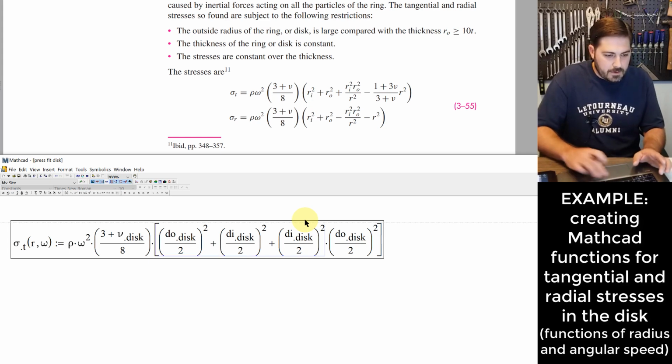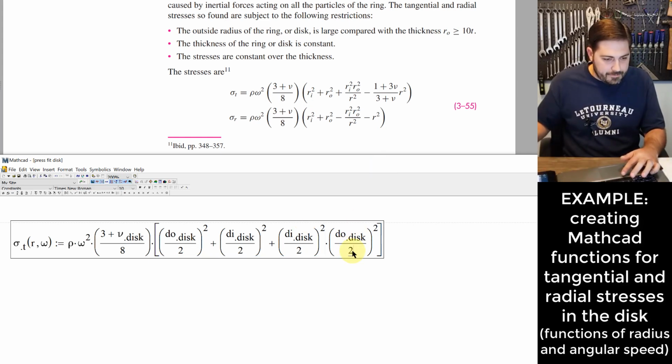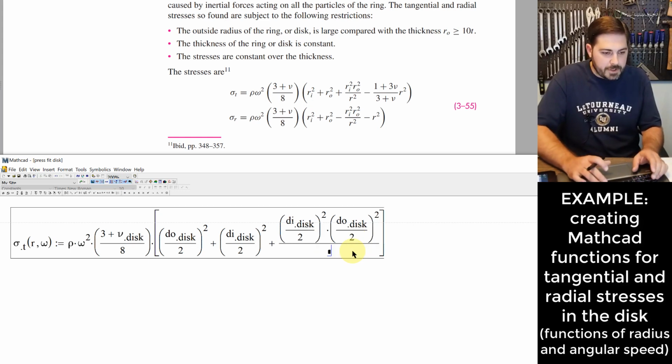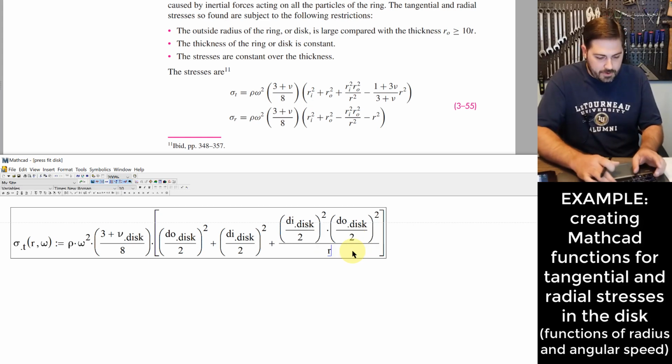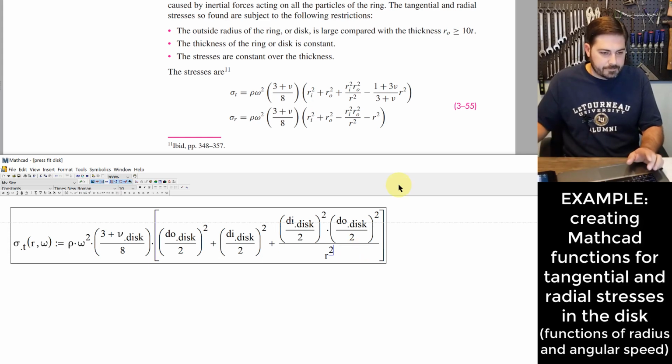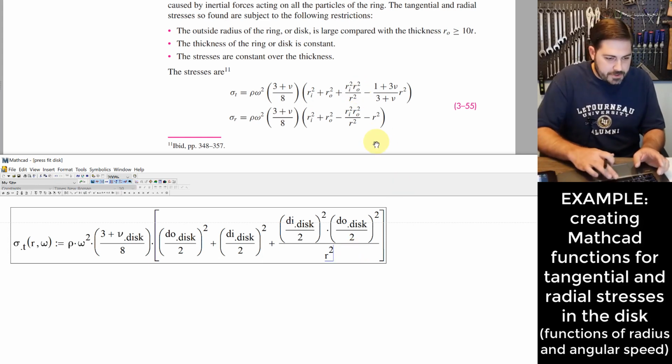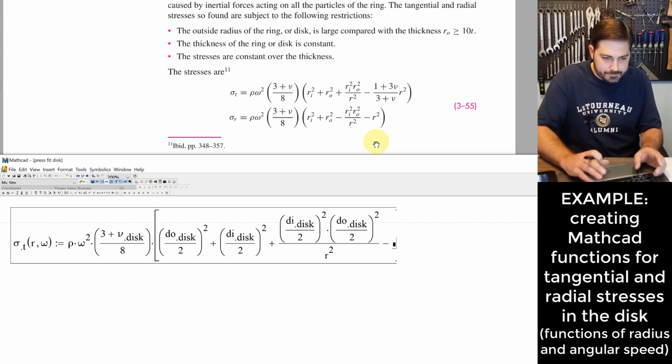Okay. And then all of that is going to be divided by that r squared. All right. Okay. Now I'm going to subtract another fraction.